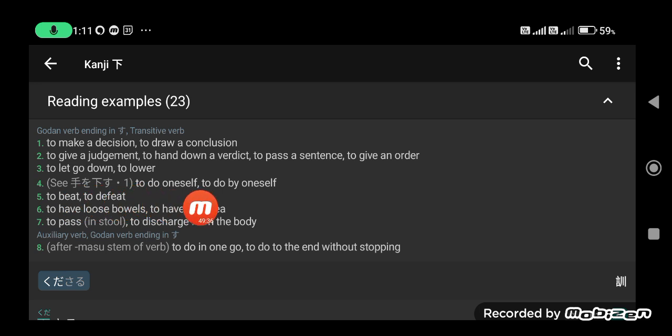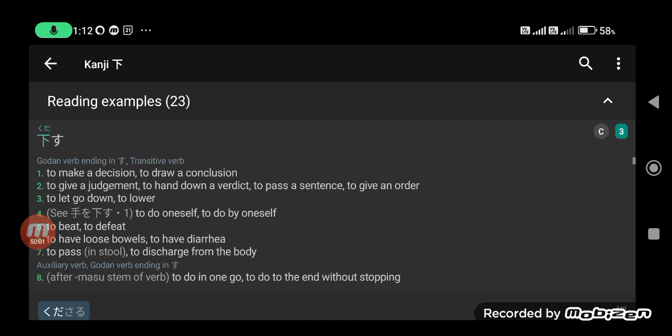Te wa kudasu, to do oneself, to do by oneself, to beat, to defeat. To pass, to discharge. When it is used at the right side of a stem, it means to do in one go, to do to the end without stopping. So that's kudasu.